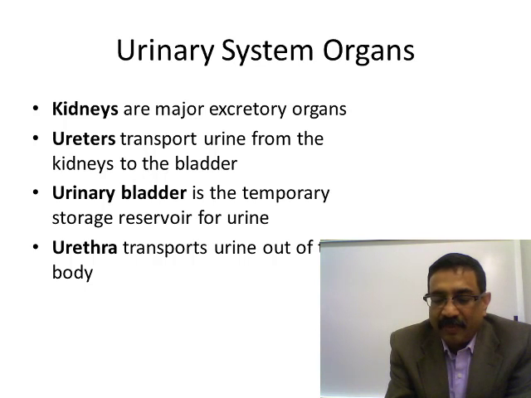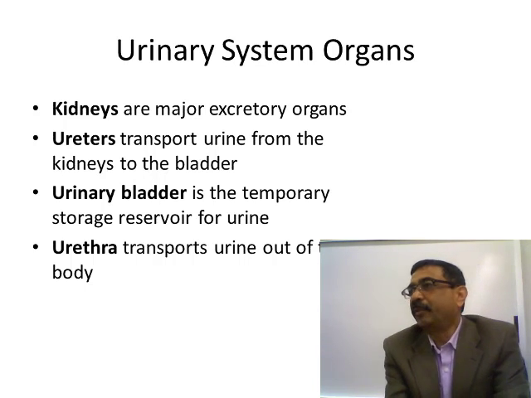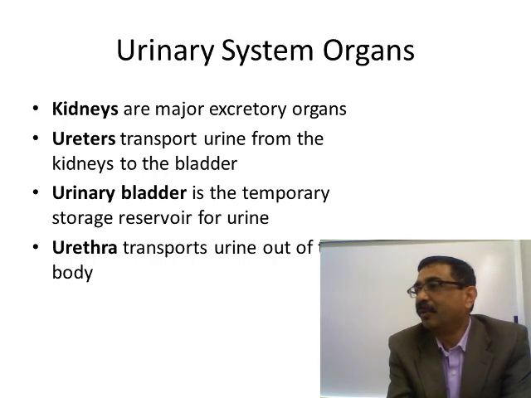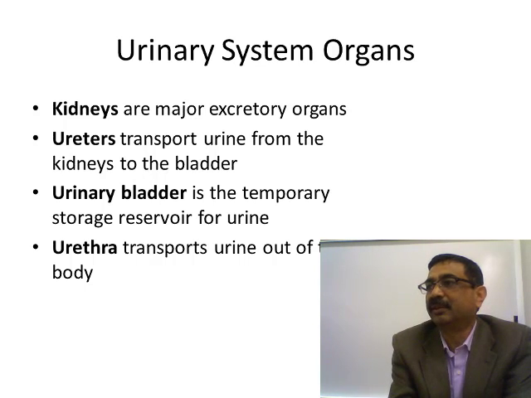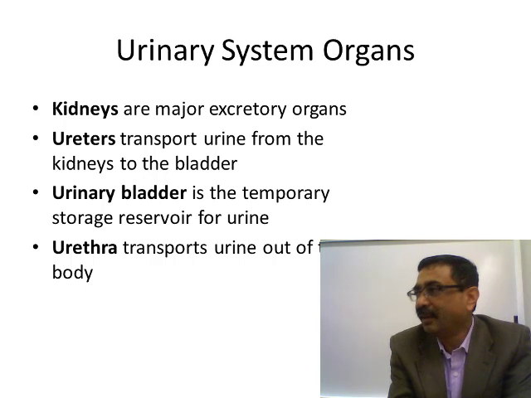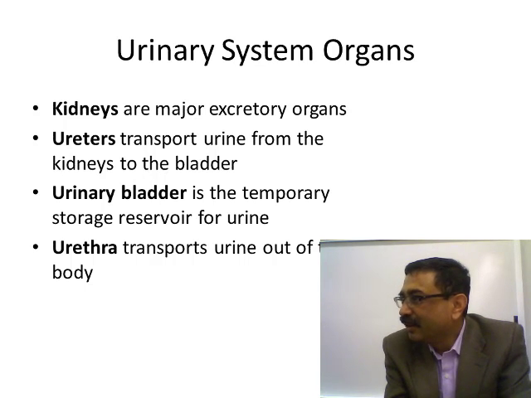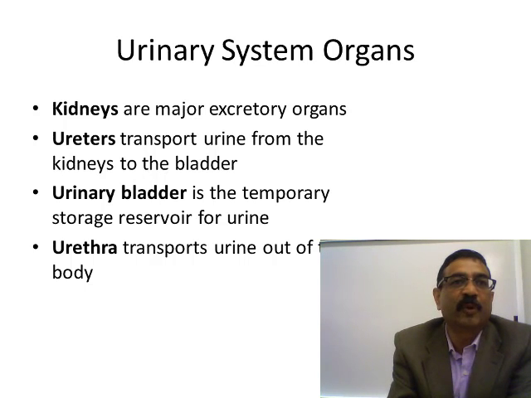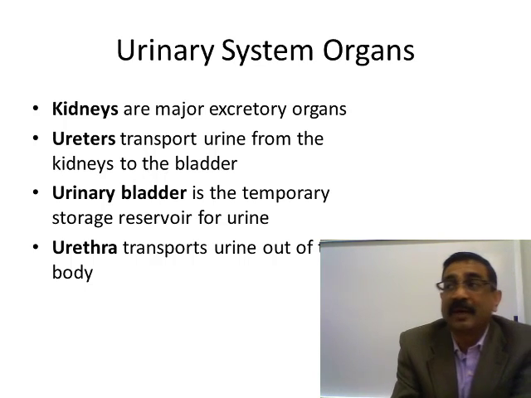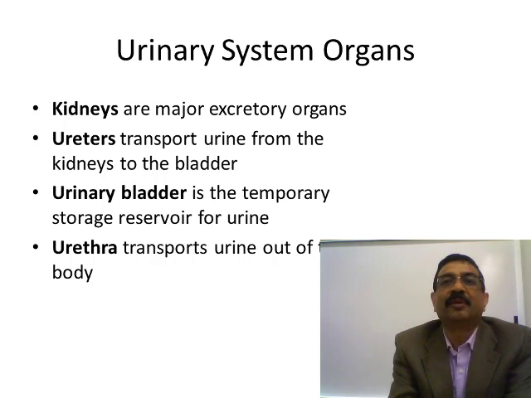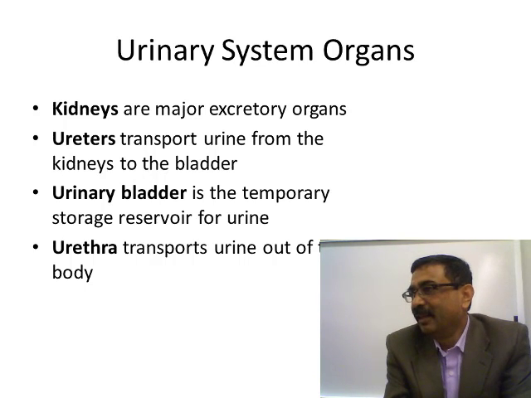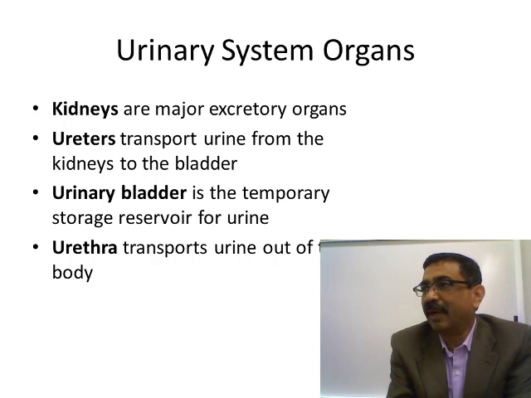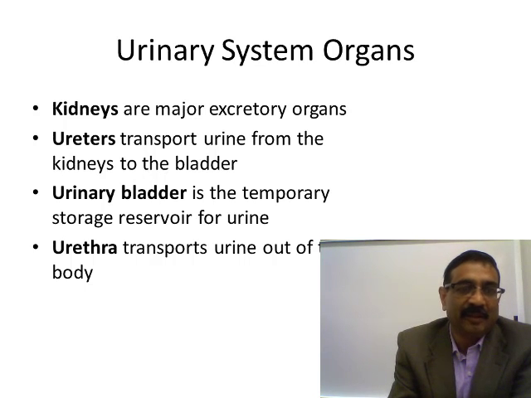Now, if I ask you, tell me in a very simple word, what's the function of the kidney? You will answer production of what? Urine. Production of urine. Kidneys produce urine. Now if I ask you how? By filtration. So kidneys produce urine by filtration.